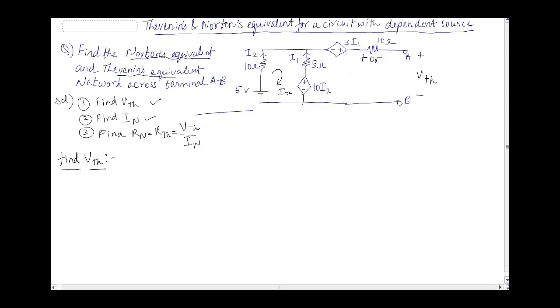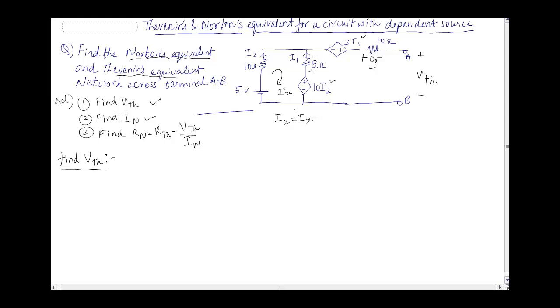Whatever you have to find out is with the help of finding I1 and I2, because the voltage here is 10 I2, the voltage here is plus minus 5 into I1, and here it is 3 times I1, and here it is, I already told you, 0 volt. So first we need to find I1 and I2. So from here I can say that Ix is moving in this direction, so I2 is same as Ix, correct?